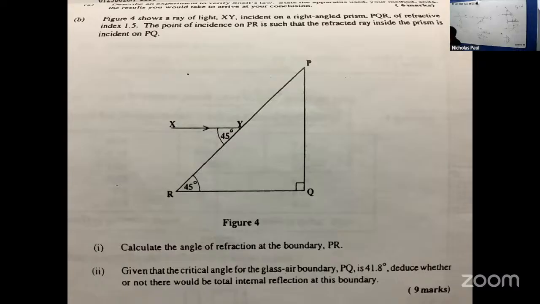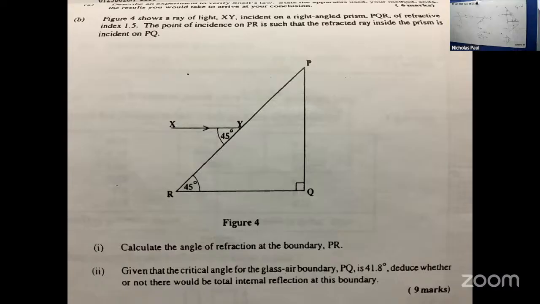What's the first thing you have to add to the diagram? The normal, very good. Add the normal and then find the angle of incidence. What's the formula we're going to use in part 1? Sasha, what formula do you think we're going to use in part 1 to find the angle of refraction? Remember they gave us the refractive index up there, which is 1.5.